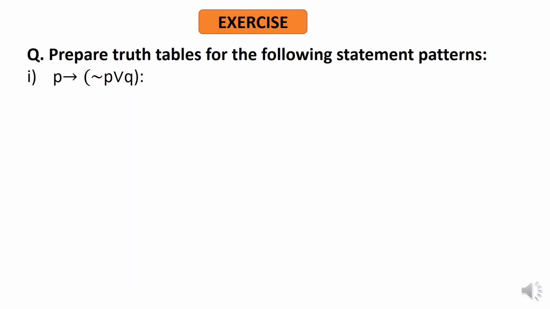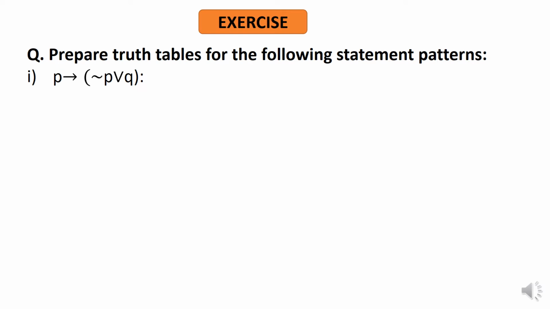The question here is, prepare truth tables for the following statement patterns. The first one, if P, then not P or Q. Now as you can see here, the particular statement pattern contains two statements, that is P and Q. Thus the number of rows are going to be 2 square, that is 4 rows in the table.